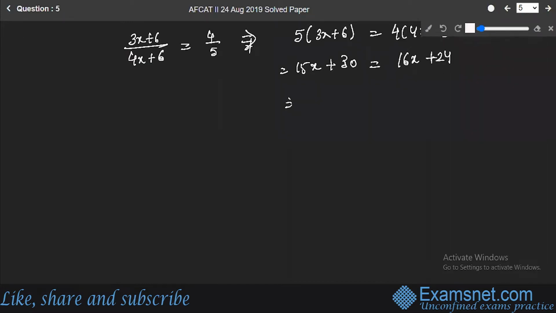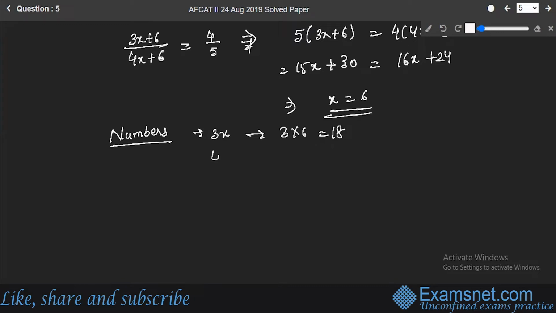So you will have x is equal to 6. Right. So let's see the numbers. The first was 3x, so it will be 3 into 6, which is equal to 18. And the second was 4x, so 4 into 6, which is equal to 24. So these two are your answers.